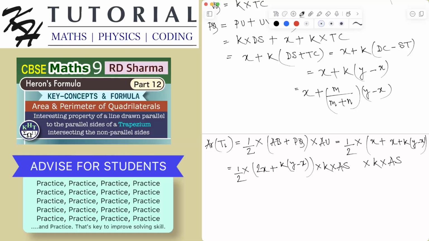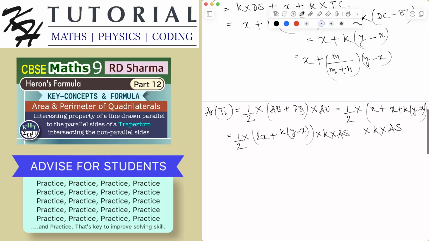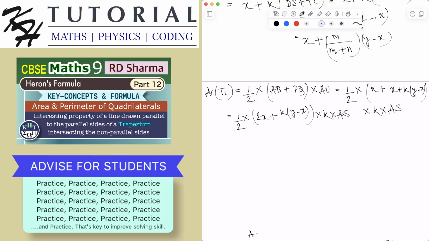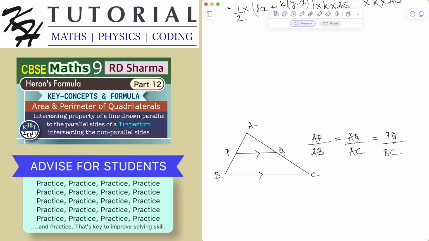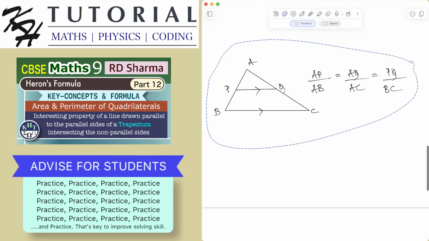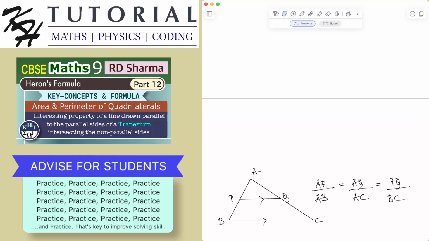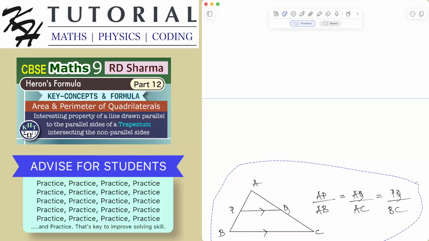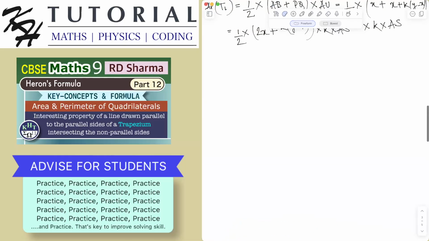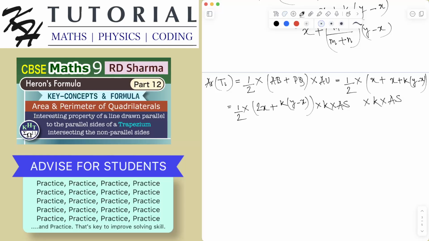Okay. Now let's try to find what will be the area of the trapezium T2. Now it is a lot of computation, but please do not be afraid of this computation. The result will be very interesting. Let's see.